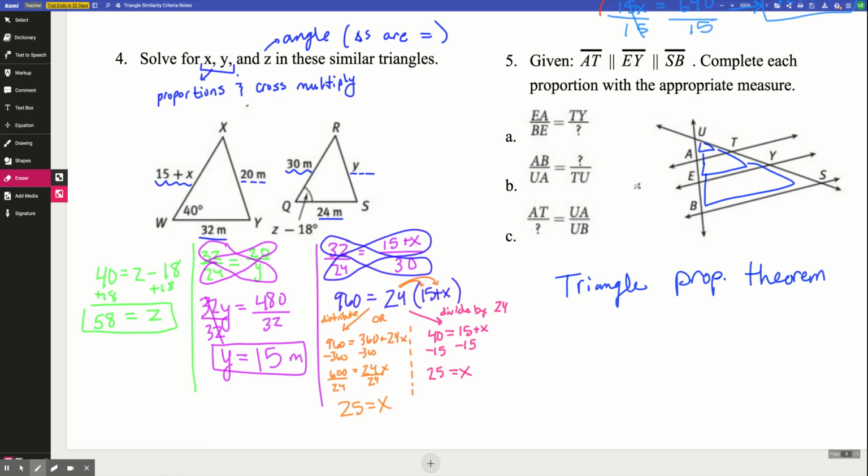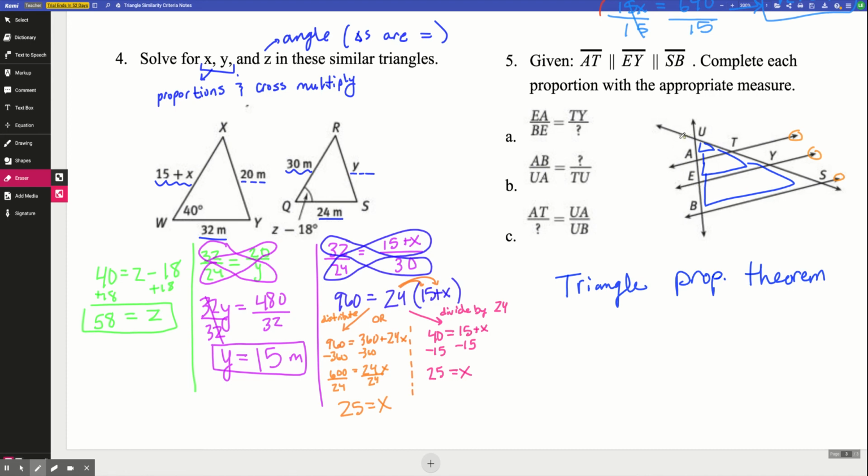Rather than having to write proportions with, say, the entire side lengths, like we did here with all of these other triangles, you can write proportions just with these sections of these sides that are cut up basically by these parallel lines right here, right? This only works if the lines are parallel, okay? Which is a common thing in math, right?